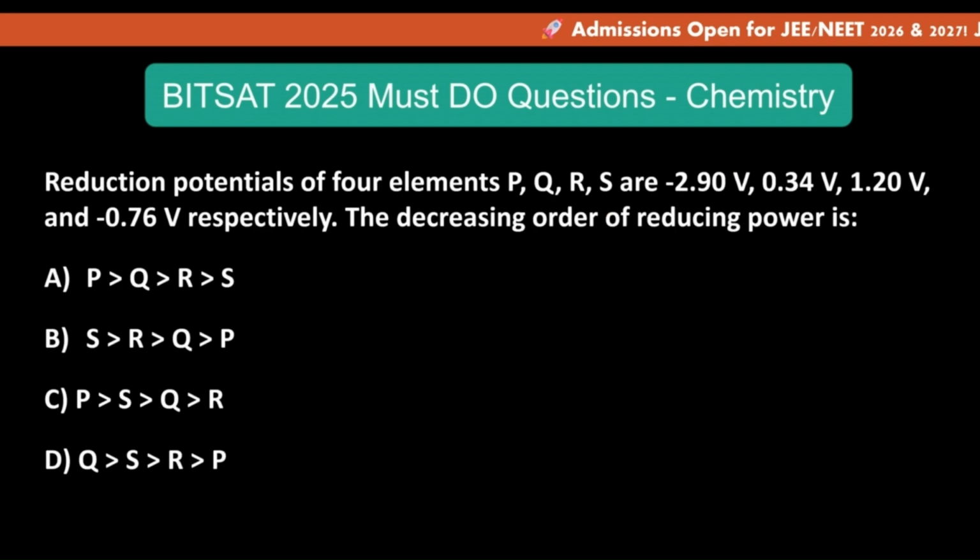Okay. Moving on to the next question. Reduction potentials of 4 elements P, Q, R, S are given. Arrange them in decreasing order of reducing power. So how is reduction potential affecting the reducing power?